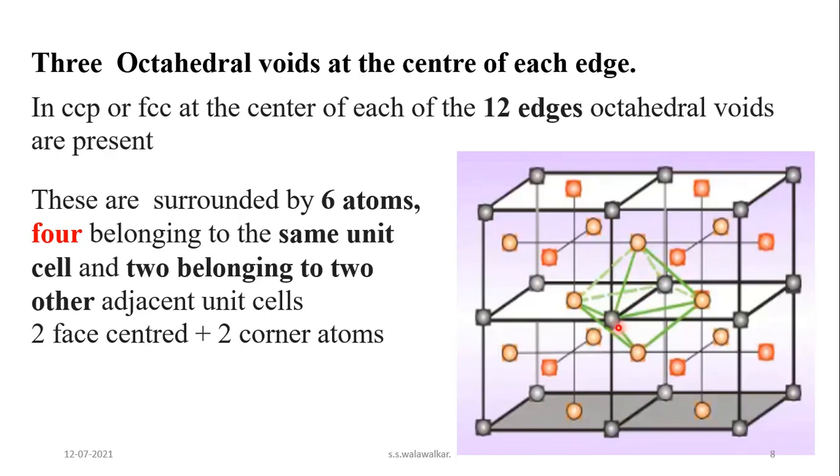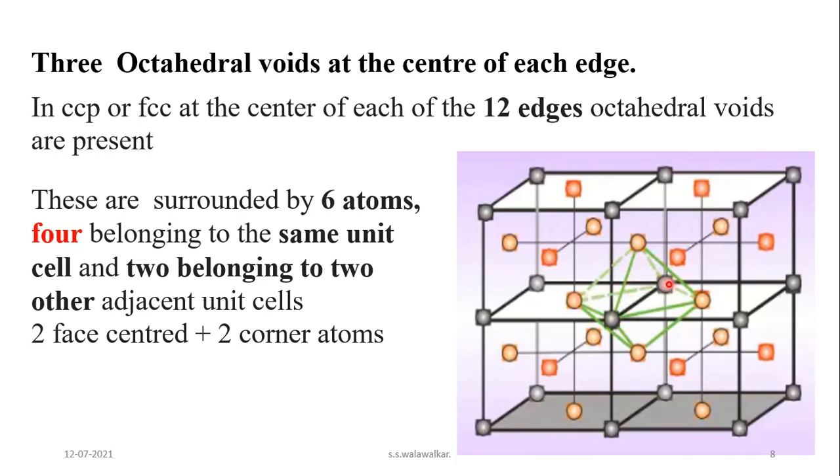See here, this corner particle and this face particle from the adjacent unit cell, and this corner particle and this face center particle of the same unit cell. Out of these 4 particles, 3 belong to the same unit cell and 1 from the adjacent unit cell.